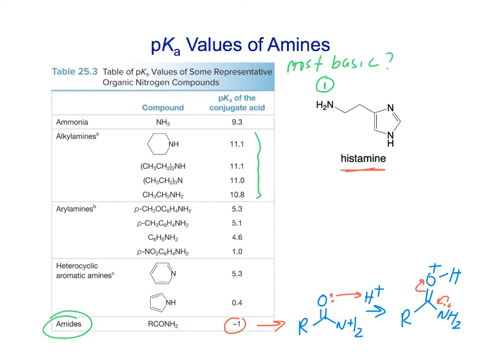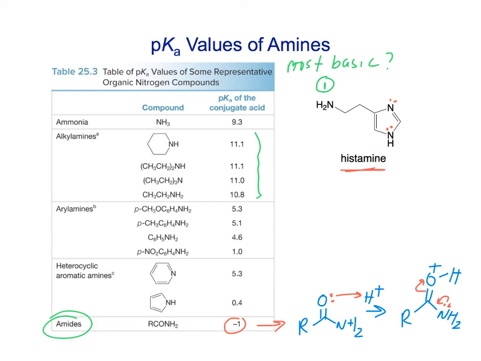All right, and then we have the 2 nitrogens in this. This is this imidazole ring, right? Remember, we used imidazole when we were doing protections with silyl ethers. So histamine has an imidazole ring within the structure. All right? So which of these 2 nitrogens is more basic? The top one, right?